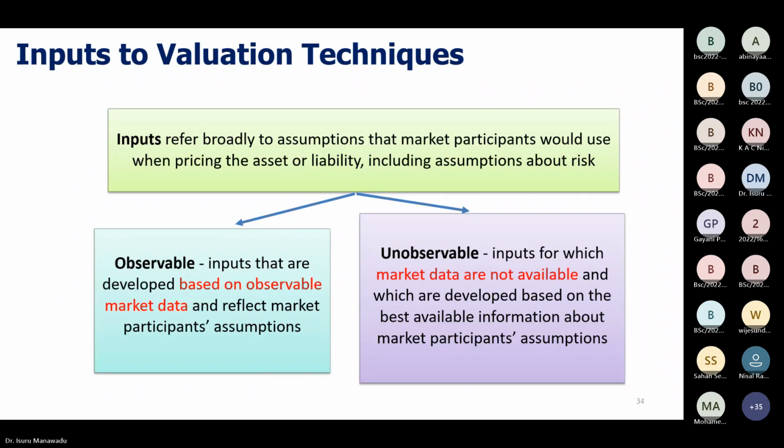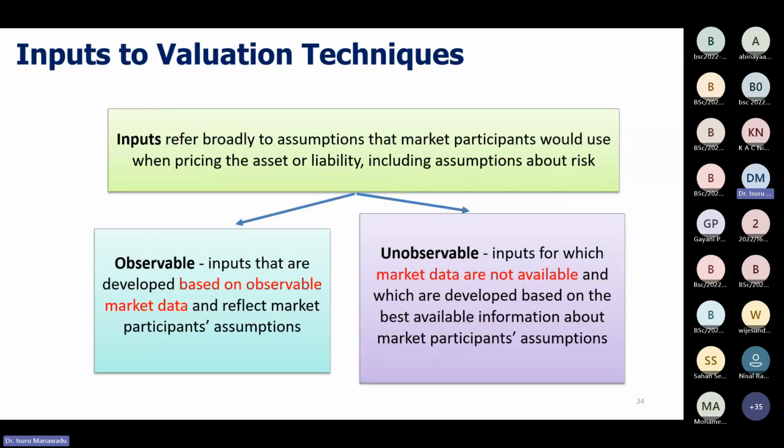Right. Observable, unobservable. Observable means based on observable market data. For instance, let's say share investment valuation, that fair value is there, observable, right? We know the market price of a share.